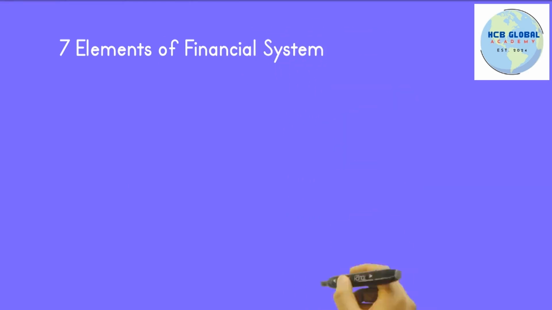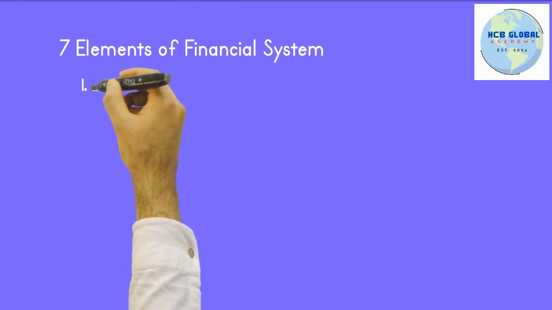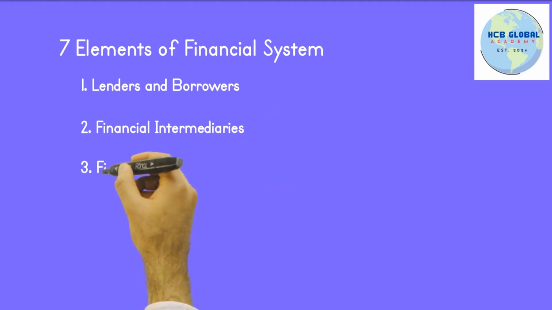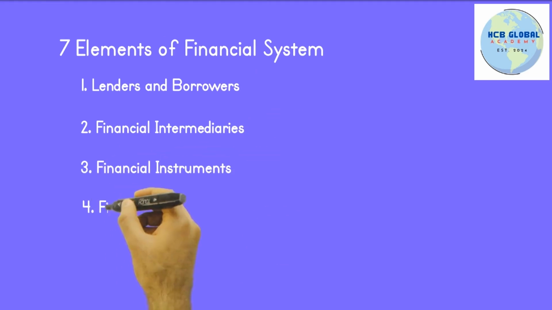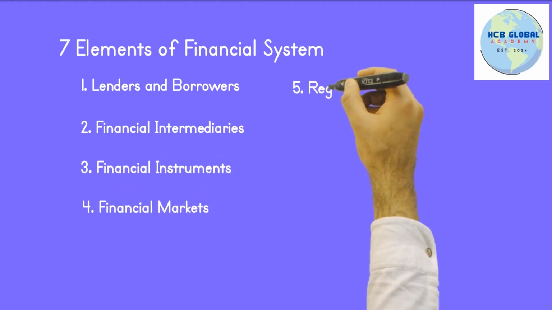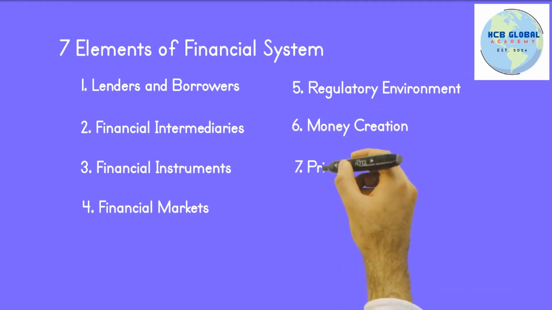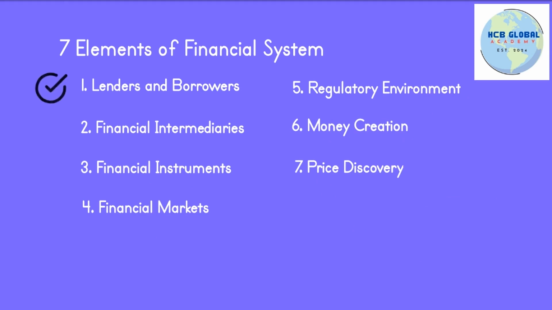There are 7 essential elements that make up a country's financial system. These 7 elements include 1. Lenders and borrowers, 2. Financial intermediaries, 3. Financial instruments, 4. Financial markets, 5. Regulatory environment, 6. Money creation, and lastly 7. Price discovery. Lenders supply funds, while borrowers demand them for investment. Intermediaries bridge the gap between them, facilitating transactions.